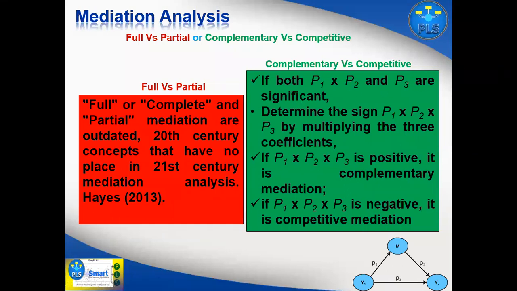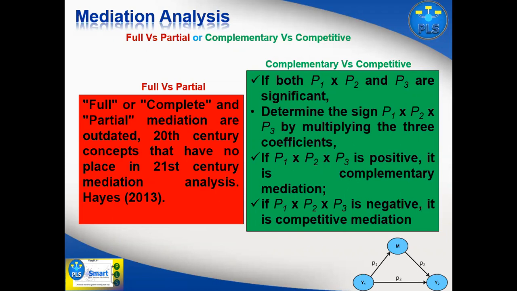Then you determine the sign. When you multiply the signs of P1, P2 and P3 and the sign is positive, you consider it as complementary mediation. But if you do that and you find it to be negative, you conclude that you have competitive mediation.